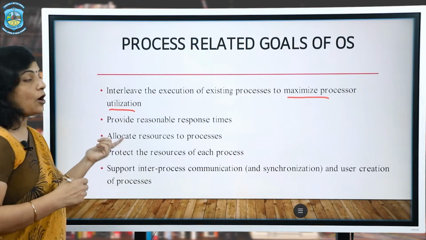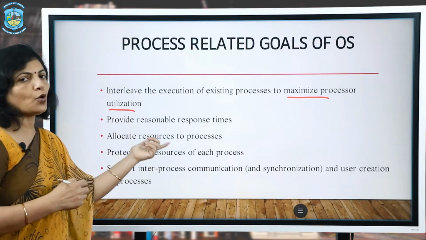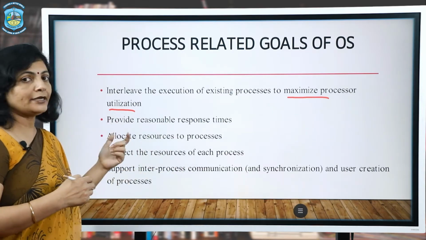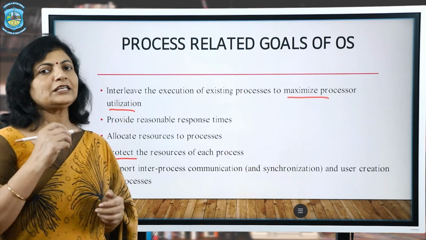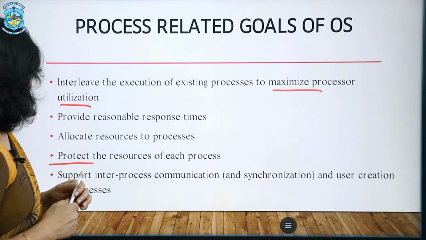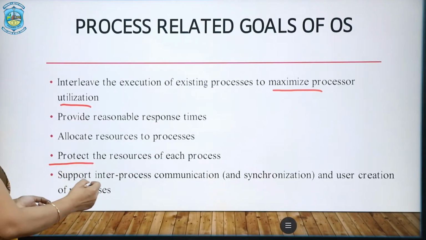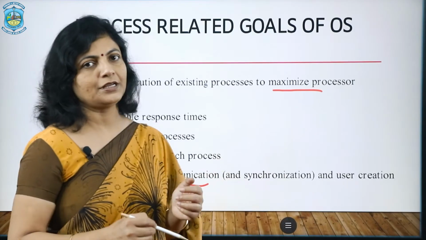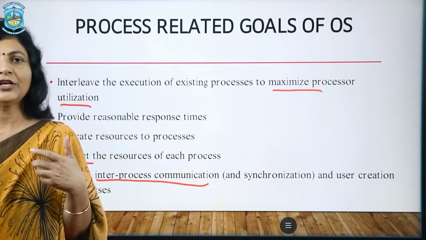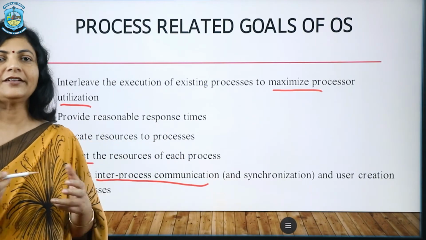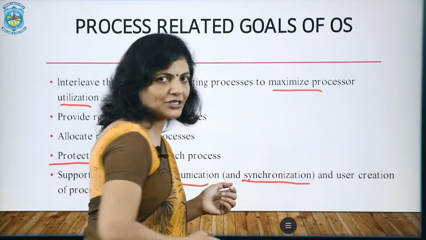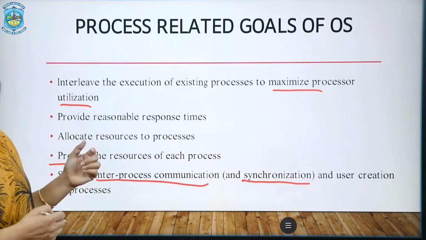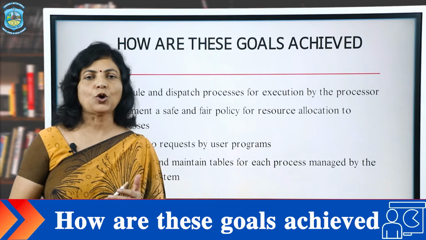The operating system must allocate resources to processes, and it also must protect the resources of each process. And it also supports inter-process communication. It allows processes to communicate with each other and share the resources, and also it supports synchronization and user creation of processes.